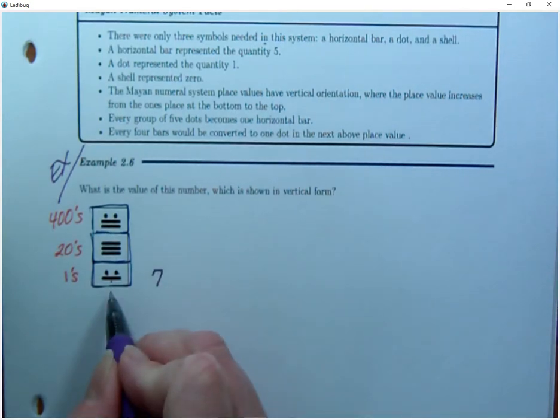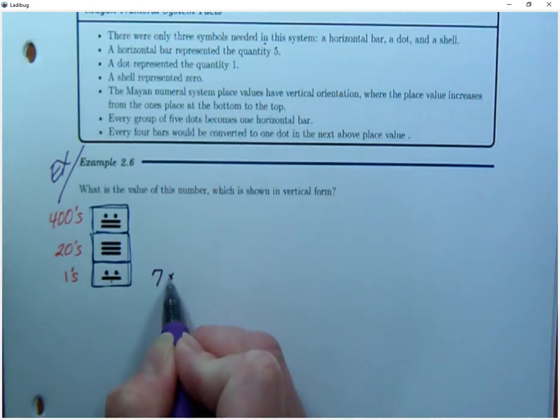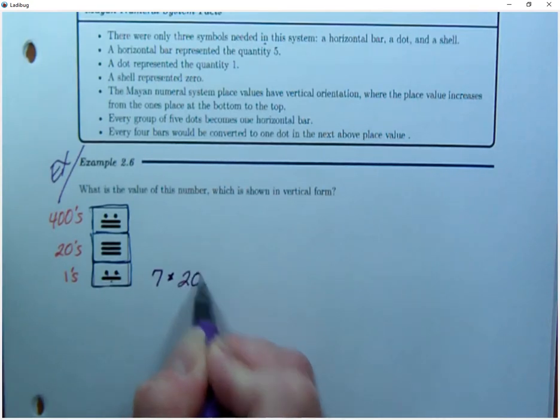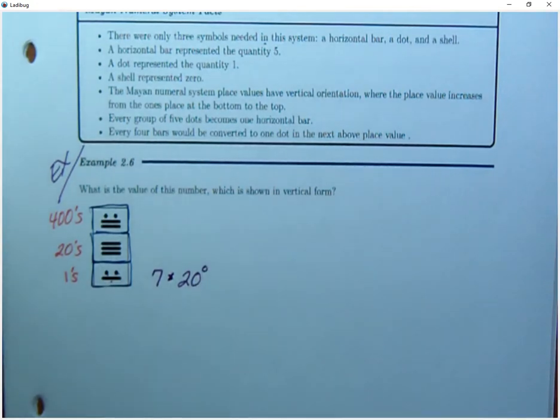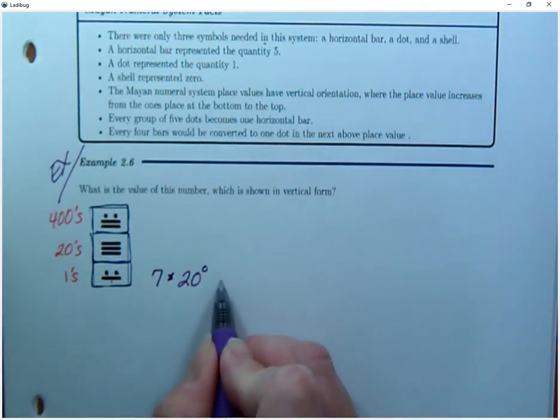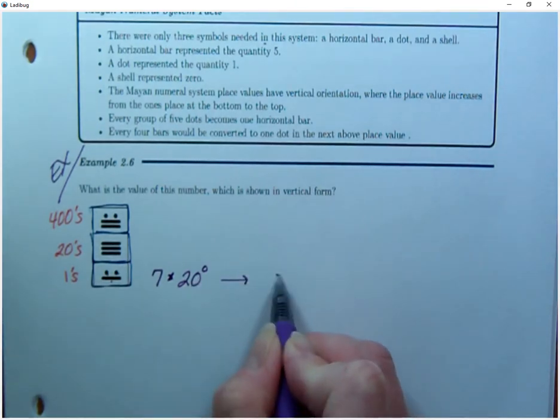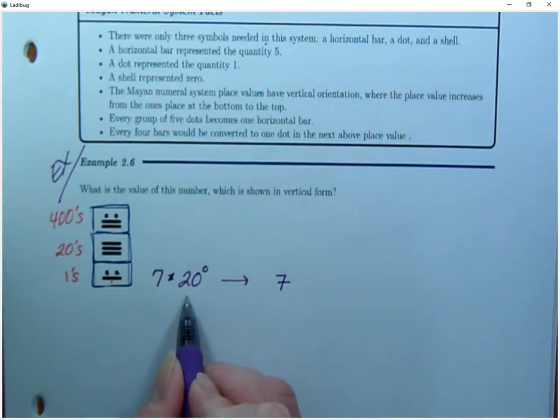And the first place value is the ones. So it's 7 times the base, which is 20, to the 0 power, which again, anything to the 0 power is 1. So that will equal 7 when we multiply that out.